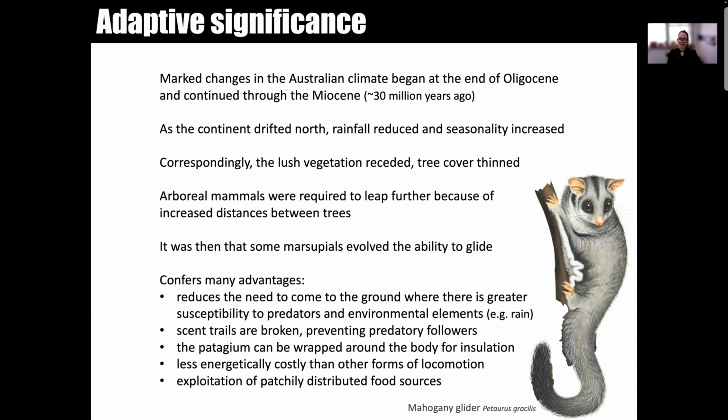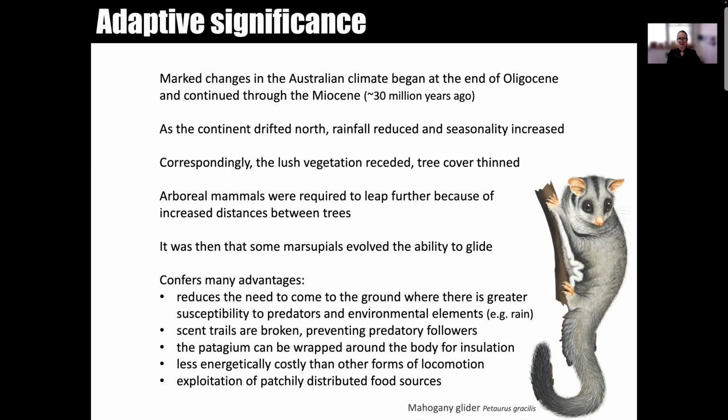Gliding confers many advantages, so it reduces the need to come to the ground where there is greater susceptibility to predators and environmental elements. Scent trails can be broken, so this is also, in a way, avoiding predators. The patagium can also function as insulation, as it's often wrapped around the body.